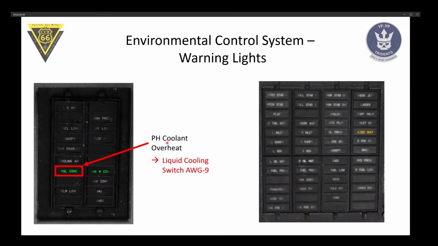If the rear sees that, he places the liquid cooling switch into AUG9, basically shutting down the Phoenix missiles. This is all you can do, because otherwise you would risk a fire or damaging the equipment. If this comes up, this means that the AUG9 cooling system is overheating, and this means WCS switch off, because you don't want to overheat your AUG9.